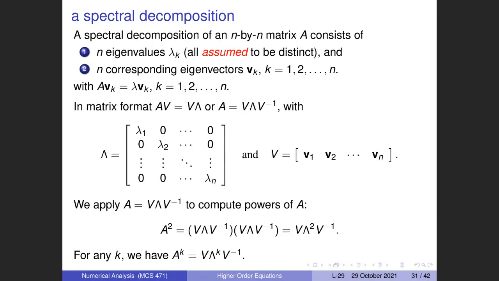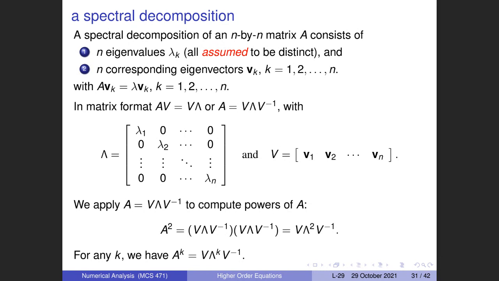Otherwise, we have the Jordan canonical form. And for this course, the Jordan canonical form, we do not touch. But what the spectral decomposition buys us is a diagonalization of the matrix, where the big lambda stores all the eigenvalues, and the matrix of eigenvectors is stored as this capital V.